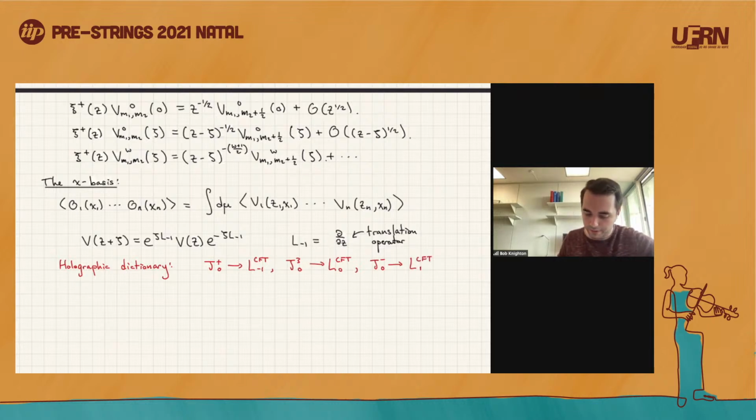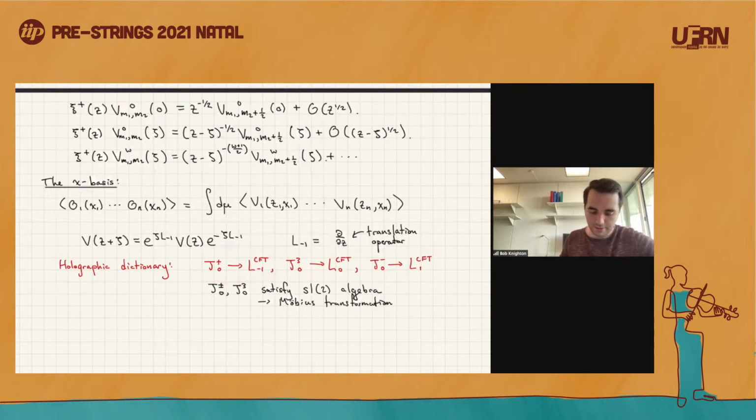And the motivation for this essentially is that the 0 modes, plus or minus 0 and J3 0, these satisfy an SL2 algebra, which is the same algebra as global conformal transformations on the sphere, or Mobius transformations, which are generated by L minus 1, L0, and L1. And so through this holographic dictionary, you can find what the translation operator is in the dual CFT, and it's J plus 0.